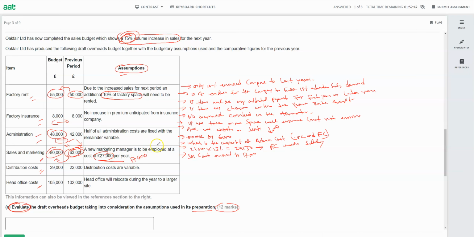How they cover the cost? So it says increase, however, does not cover the full cost for the new manager.